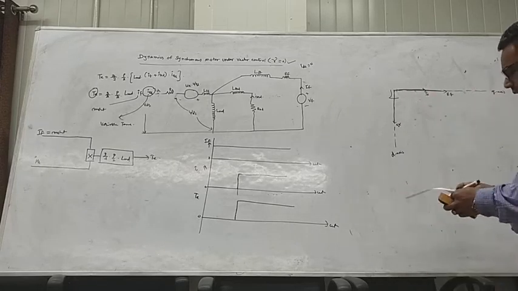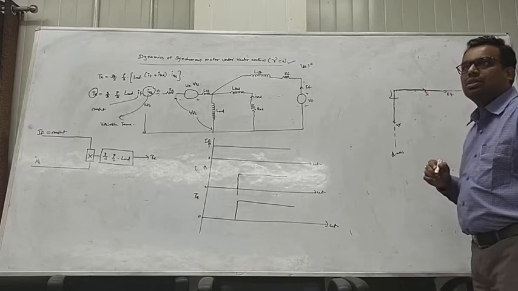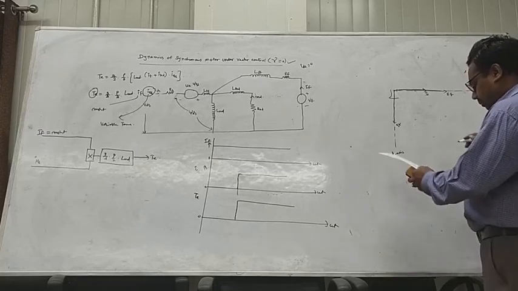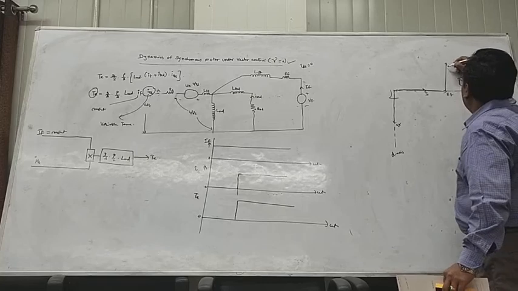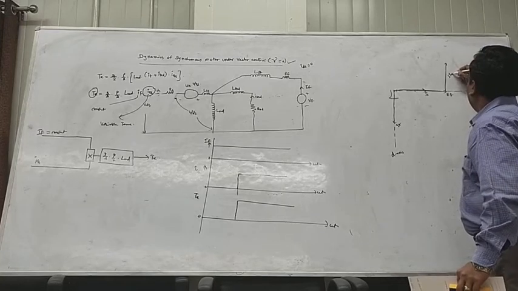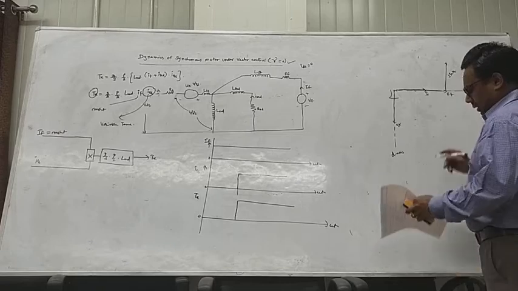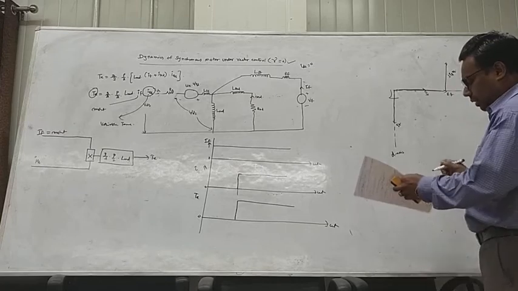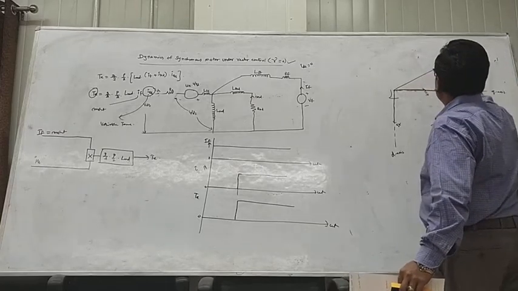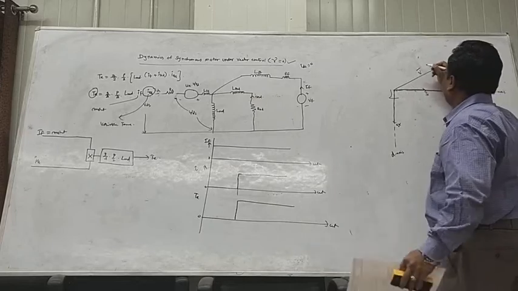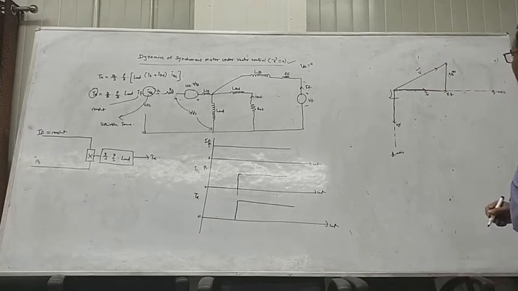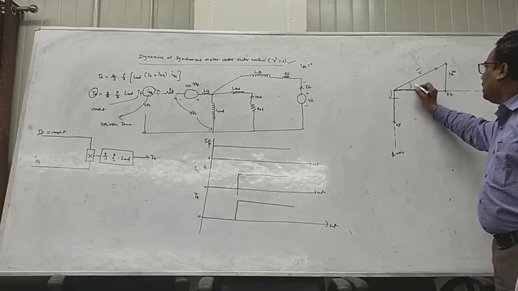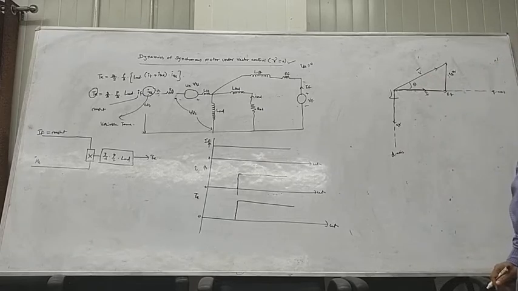If you neglect the resistance drop, the reactance drop is J into IS into XS, because here you consider IS. The resultant is your voltage vector, and the angle between IS and V is theta.